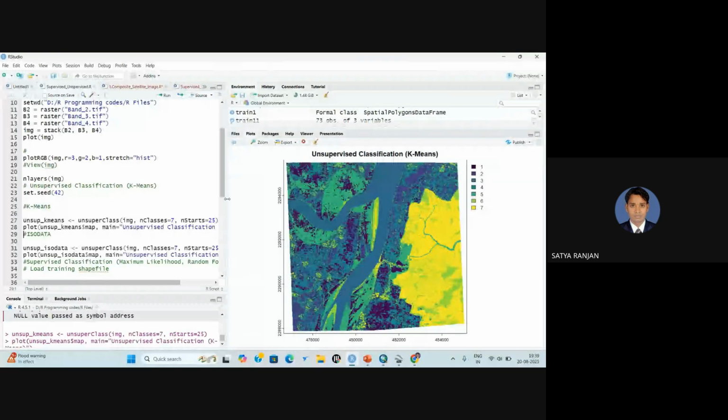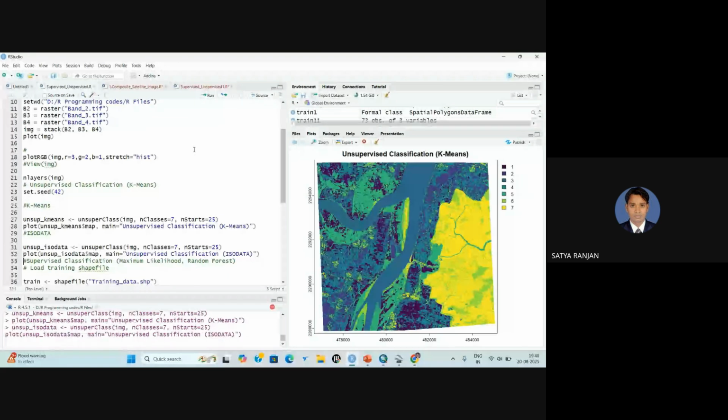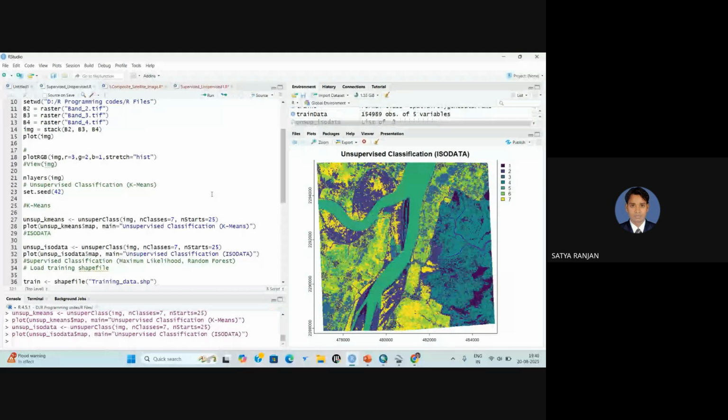Then another method is ISODATA. This is the code, just execute it. This is the unsupervised classification of ISODATA.